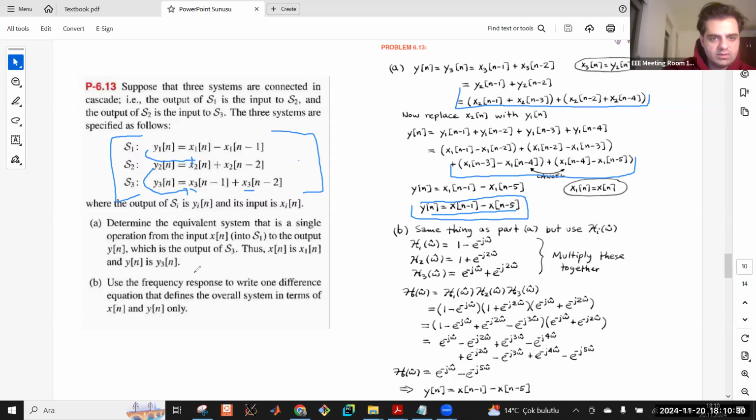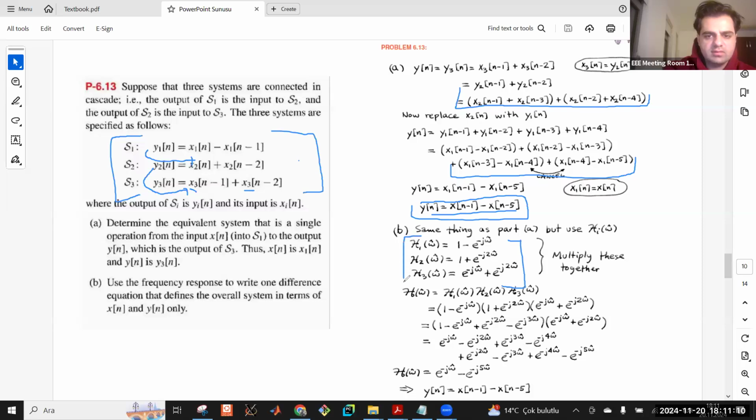In part B, we use the frequency response to write one difference equation that defines the overall system. Okay, so this time we write frequency response of each subsystem. Then we know that if they were impulse responses in time domain, their convolution would be equal to impulse response of the overall system.